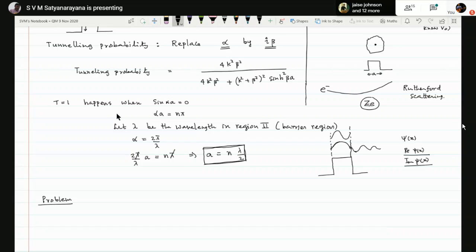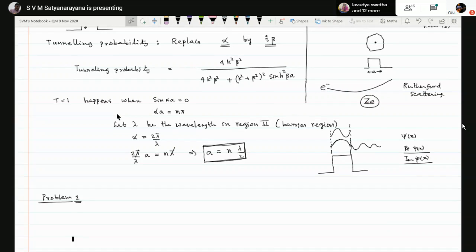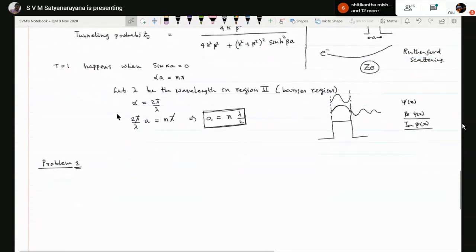So let's look at the second problem. This is a slightly interesting problem, but I will not look at the square root immediately. Let me consider a problem like this.